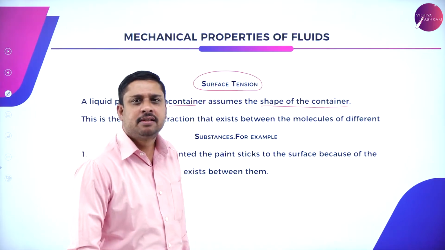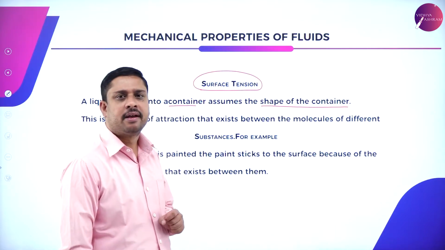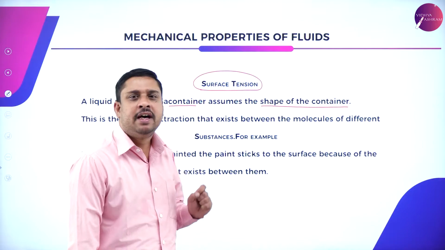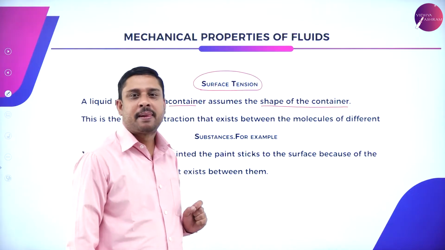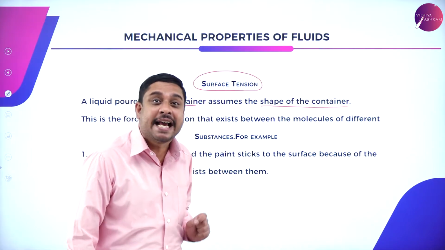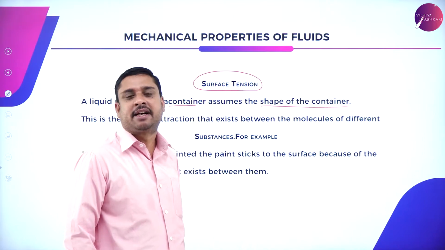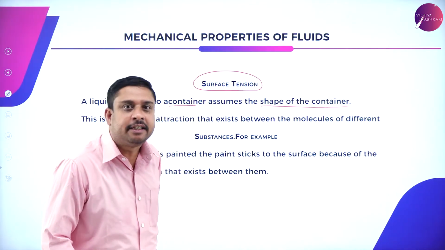So right in the first class, I have told a liquid doesn't have any shape. It has a definite size, but it assumes to take the shape of the container.